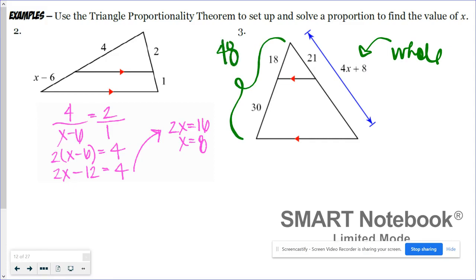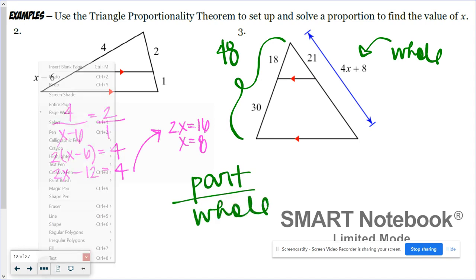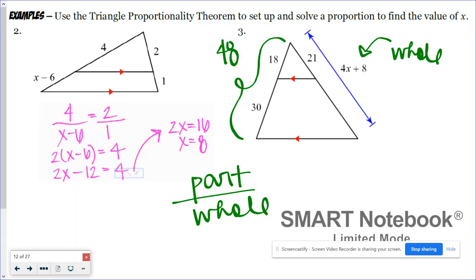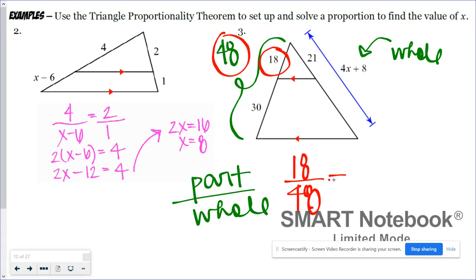Then I can create a proportion where I do part over whole. If I'm talking about the left side of this triangle, I could use 18 over 48 for part over whole. And then on the right side, I could do 21 over 4x plus 8, part over whole.